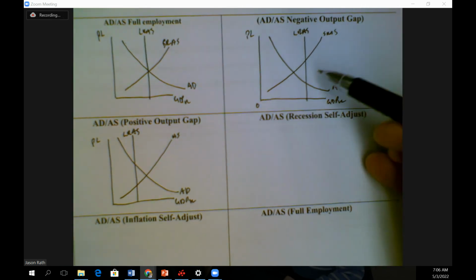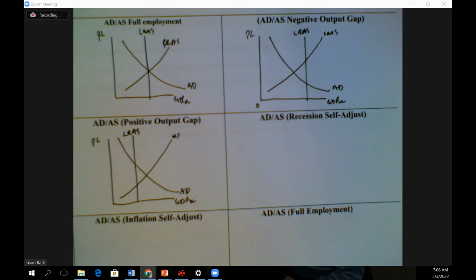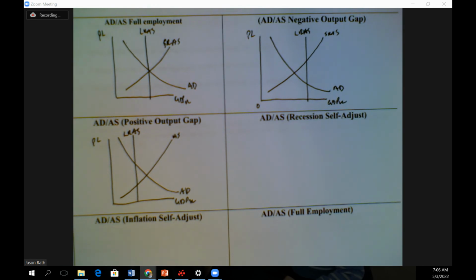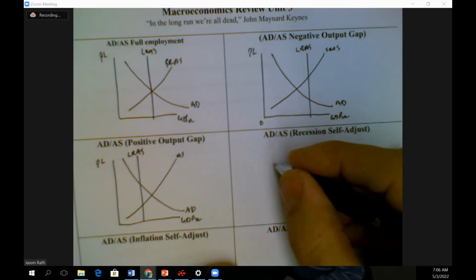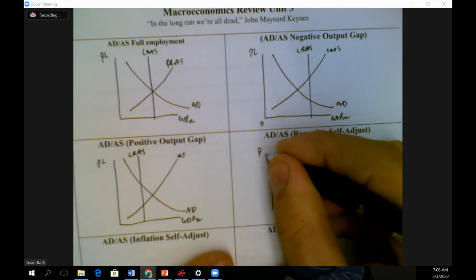So we're in a recession, right? Uh-huh. What's going to happen to self-adjust to this? Like, how are we gonna fix that? I mean, the demand will increase, and then just because of. Yeah, I mean, I don't know what that is. Okay. So if the self-adjust would be just this, like you said.